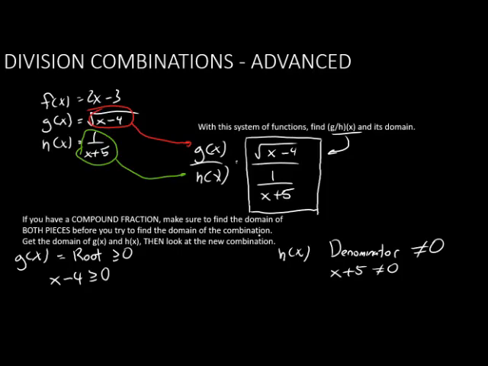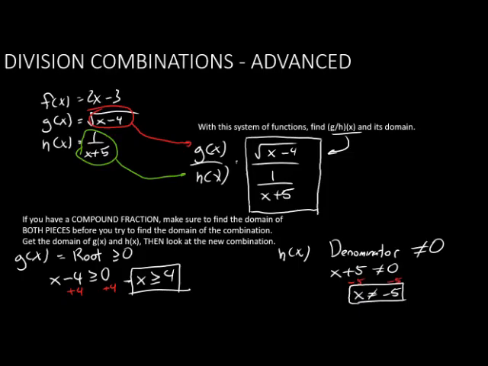Now we try to solve it. If we have x minus 4 greater than or equal to 0, we'll add 4 to both sides and say x is greater than or equal to 4. Now we look at our denominator. We'll have x plus 5 is not equal to 0, and we'll subtract 5 from both sides, and we'll say x is not equal to negative 5.